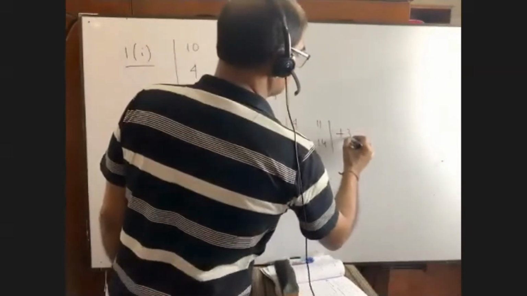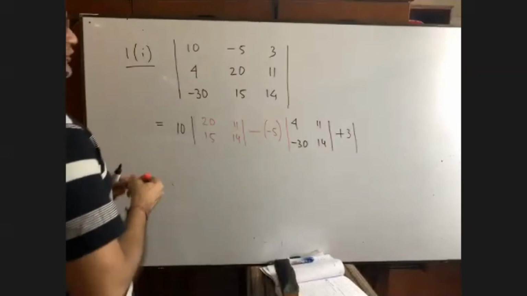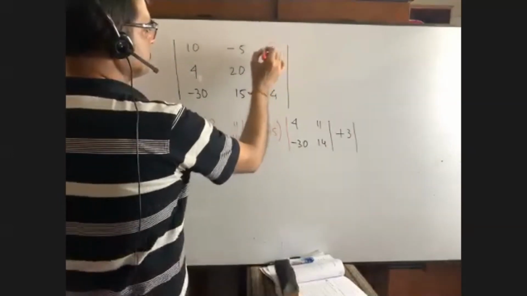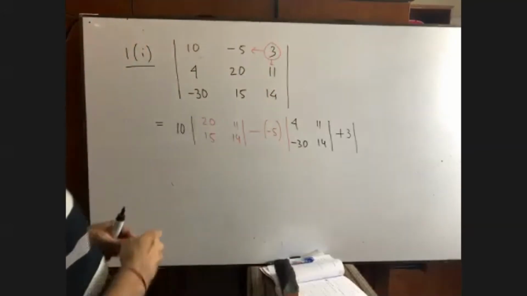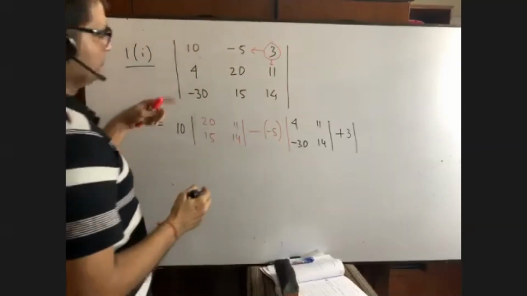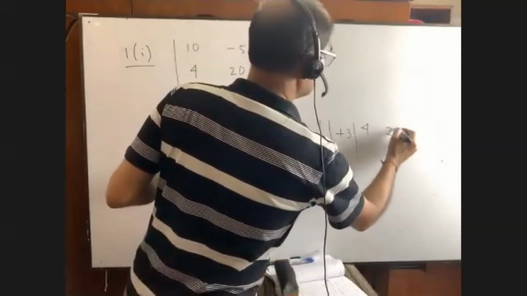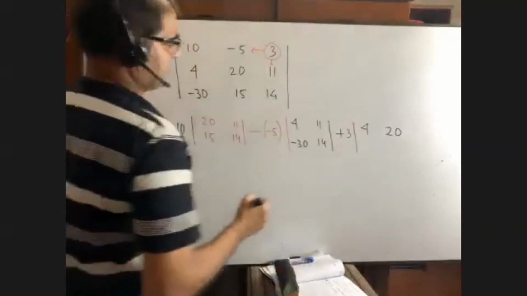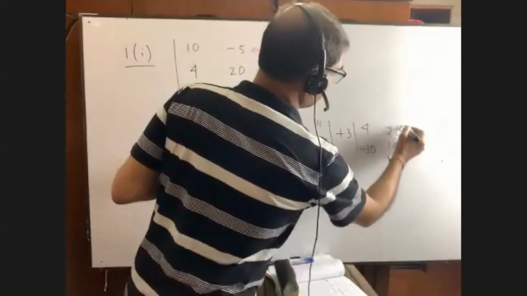So we are going to write down positive. Okay. And you see, this and this will be omitted. Then we are left with 4, 20, minus 30, 15.